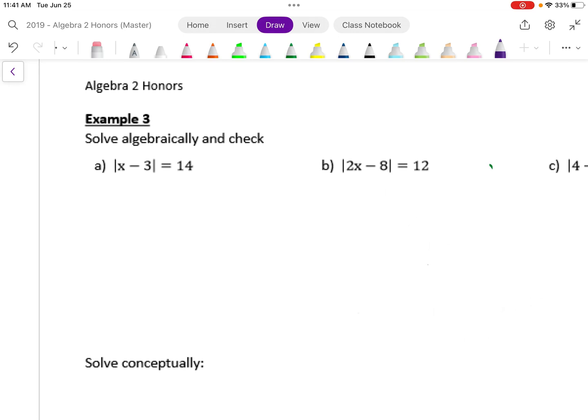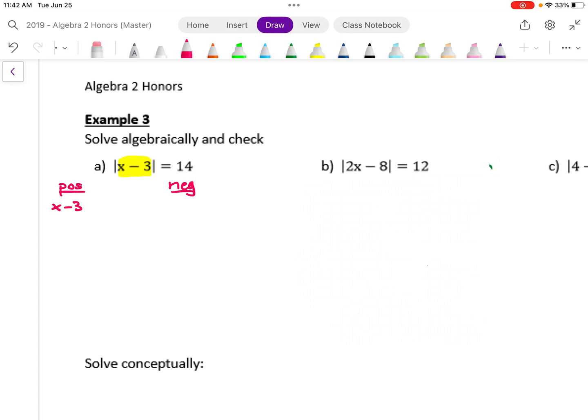You have to keep in mind what it means to have an absolute value. It means the value inside here can be 14 to make the statement true, but it could also be -14 to make the statement true. So in this particular case, I could have the positive version and the negative version of whatever can be inside of there to make the statement true.